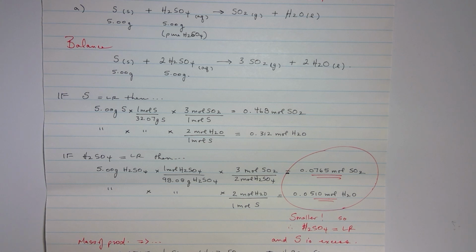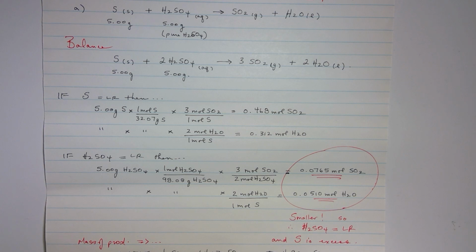There are two methods in your textbook. This one will always work, and this is the one that I instruct. Assume that if sulfur is the limiting reagent, how much product would form? Let's calculate it. And then underneath, if sulfuric acid, the other reagent, were the limiting reagent, how much product would form?